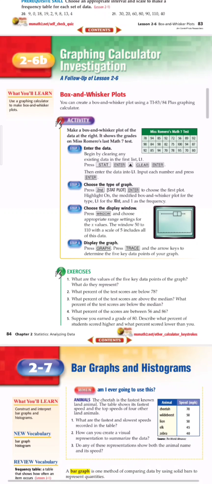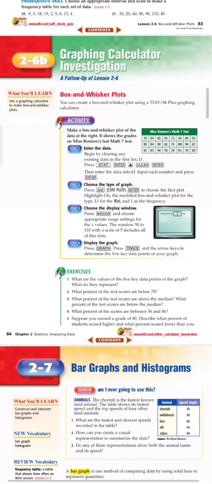Set up the plot. Press 2nd, stat plot, enter to set up the first plot. Highlight on, select the modified box and whisker plot type, with L1 as the list and 1 as the frequency.